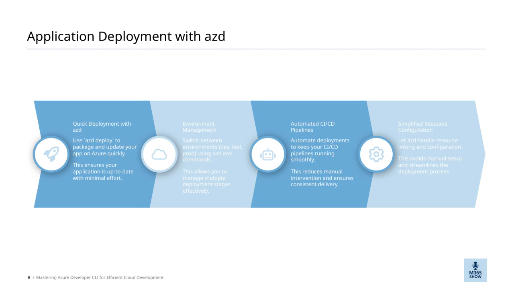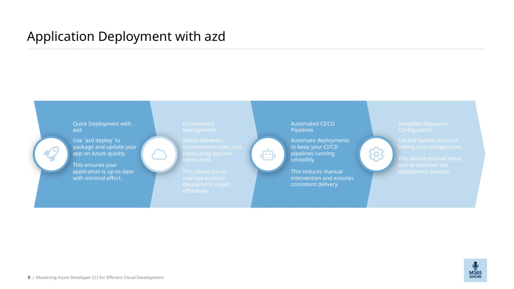Now, managing different deployment environments, like development, testing, and production, is straightforward with ASD environment commands. You can switch between these environments easily, allowing you to test and deploy confidently at each stage without hassle. This environment management capability helps you keep everything organized and controlled.